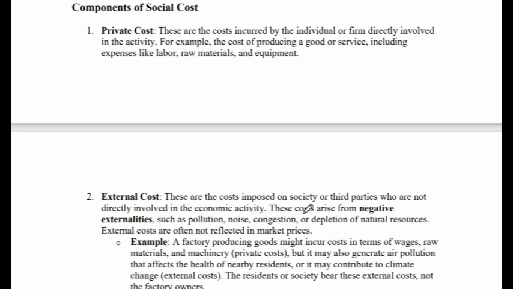These are the costs imposed on society or third parties who are not directly involved in the economic activity. These costs arise from negative externalities such as pollution, noise, congestion, or depletion of natural resources. External costs are often not reflected in market prices.